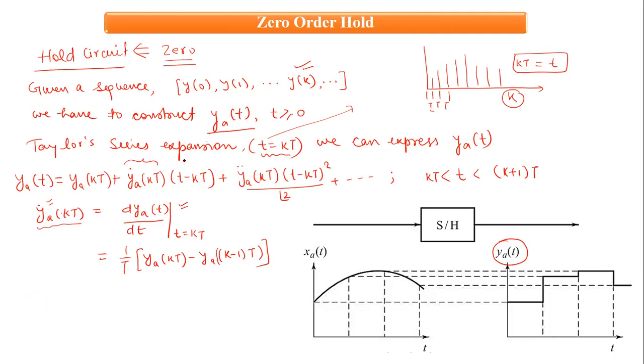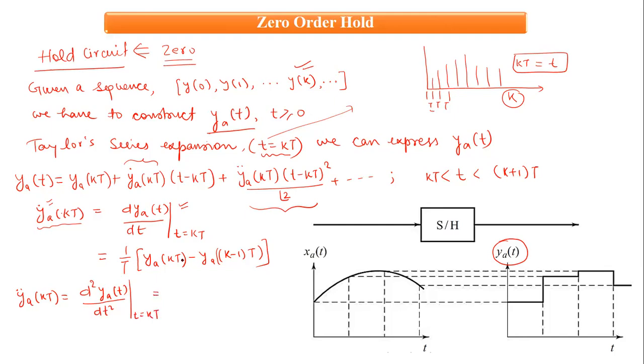Similarly, this particular term is given as y double dot a (kT), equal to d squared y_a(t) by dt squared at t equal to kT.